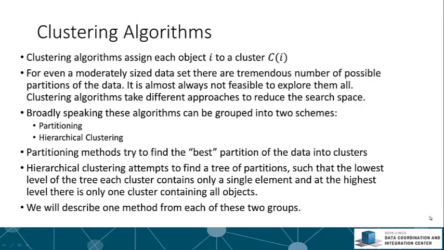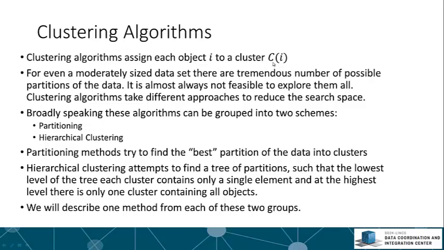So far we've considered ways in which we can quantify the similarity or the dissimilarity between objects, and this is going to form the basis for algorithms that will cluster our objects. So what this means is that we're going to find an algorithm which is going to take each of our objects i and assign it to a specific cluster, Ci.